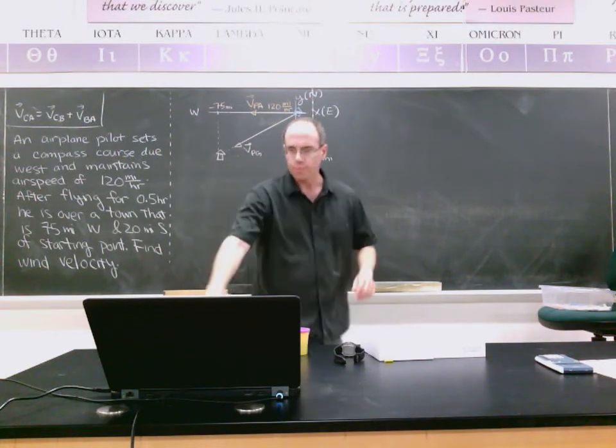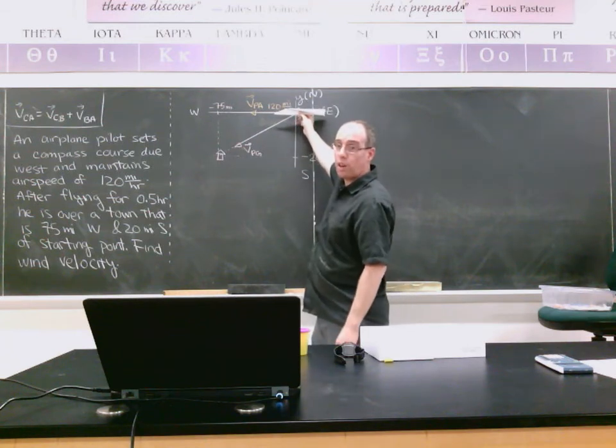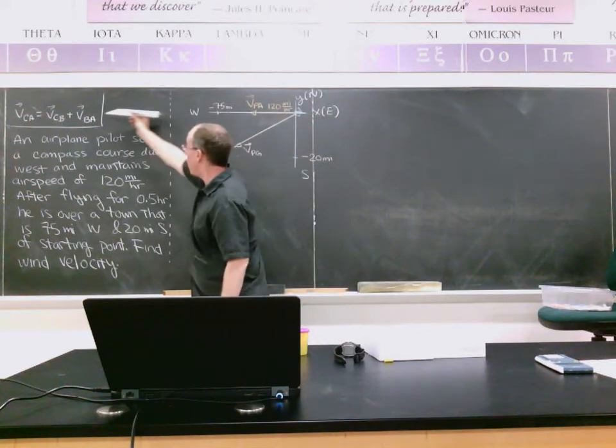Okay? So to act that out with my airplane, the airplane points itself west. If there was no wind, the air would simply fly west.